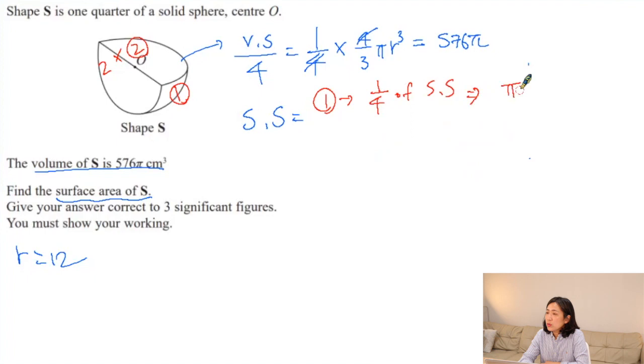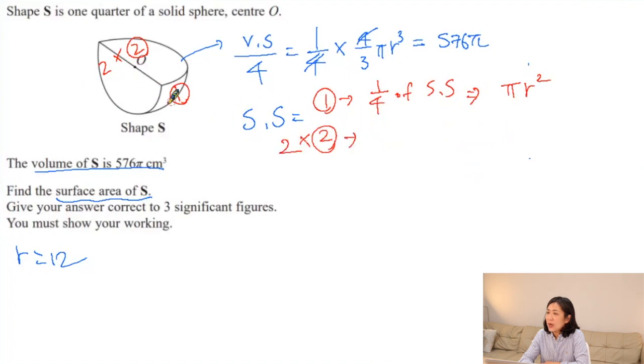So 1/4 of the surface area of a sphere, where the surface area of a sphere is 4 pi r squared, right? So 1/4 of it will be simply pi r squared. And then the second part, when you put them together, is the same as a cross section, right? That is pi r squared.